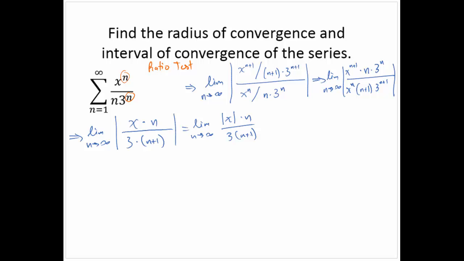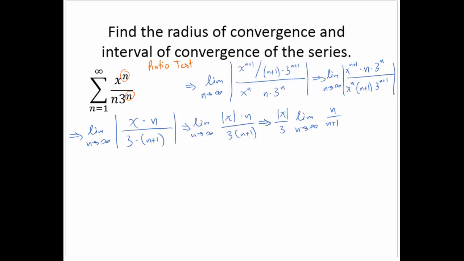Now I can take all of the constants, everything that's not dependent on n, outside the limit. So I can rewrite this as the absolute value of x over 3 times the limit as n approaches infinity of n over n plus 1.